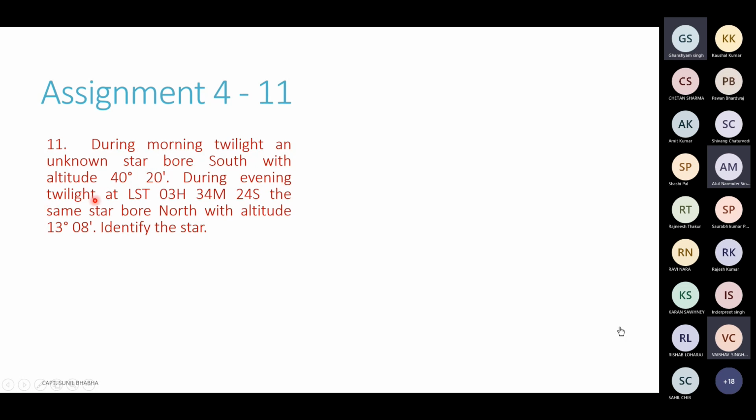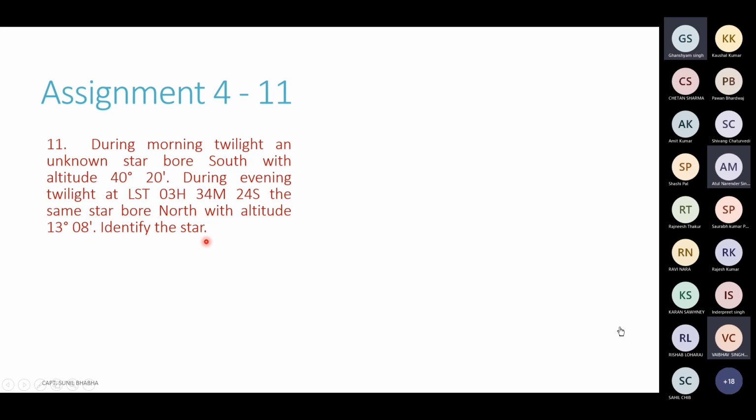During evening twilight at LST 3 hours 34 minutes and 24 seconds, the same star bore north with an altitude of 13 degrees 08 minutes. Identify the star.